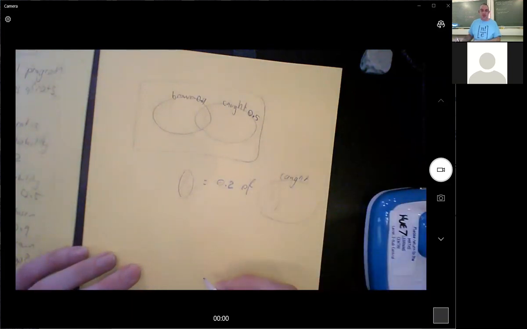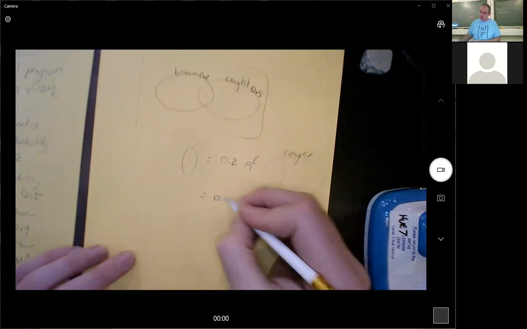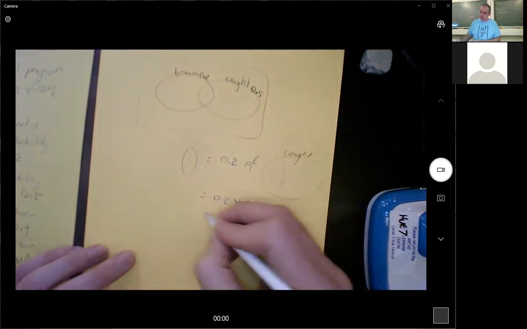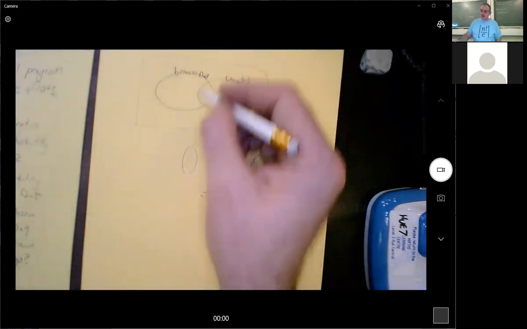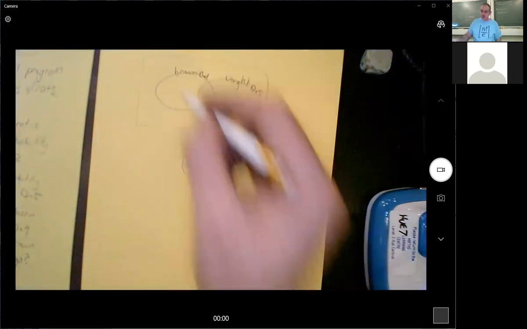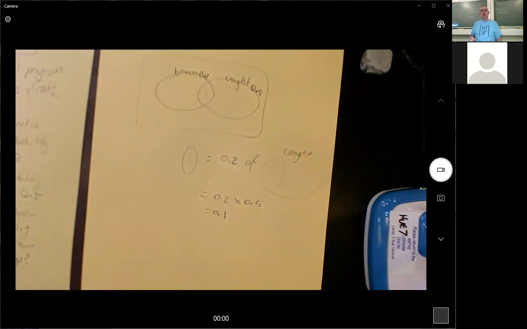That's what's going on in my head. And so that means it's 0.2 of the 0.5. And I want to know, given that it's brown, how likely is it that it's caught? Well, that's this bit out of that bit. So a Venn diagram might be an easier way of understanding what's going on here.